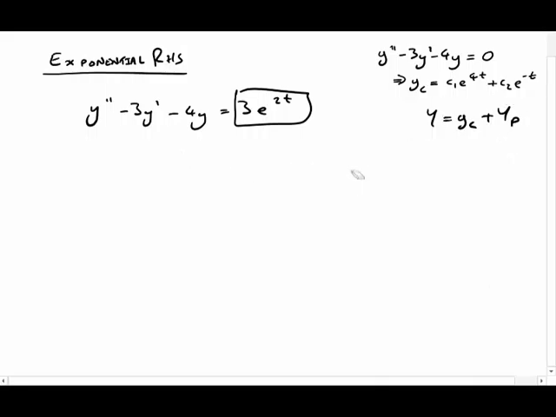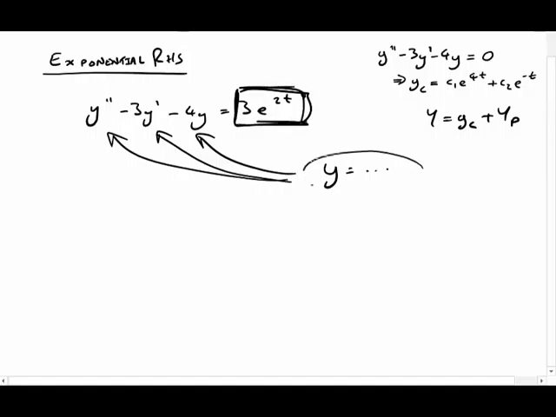So that's the whole idea behind this. Basically, we're going to look at the right-hand side. When we put a function and its derivatives into the left-hand side, we will get something involving e to the power of 2t.